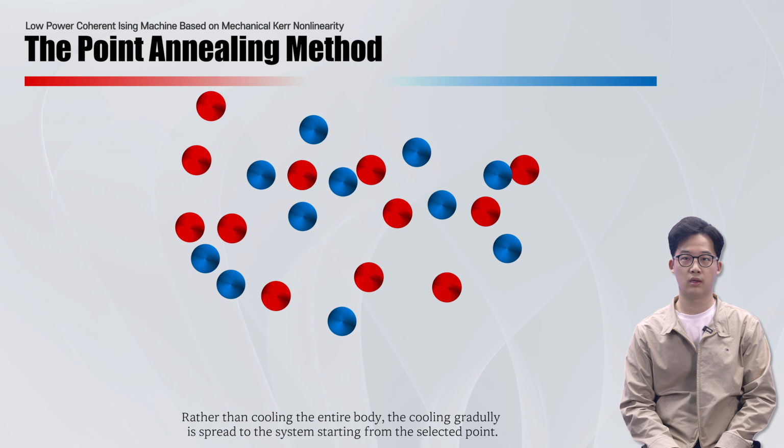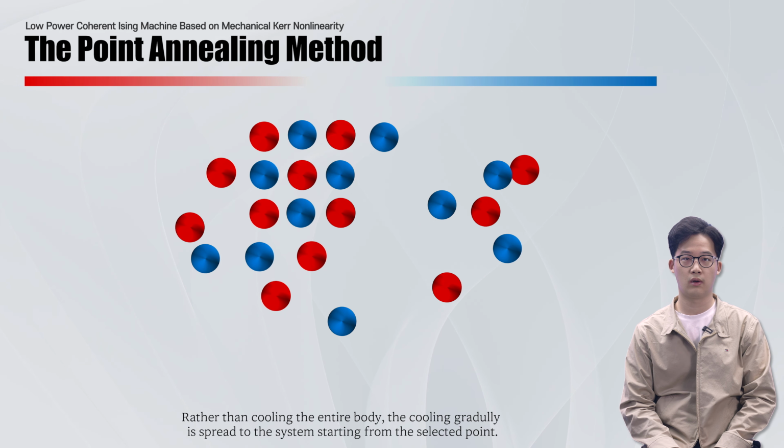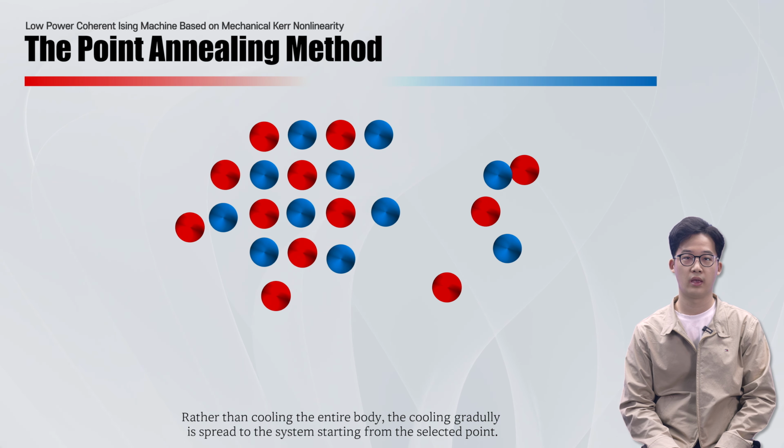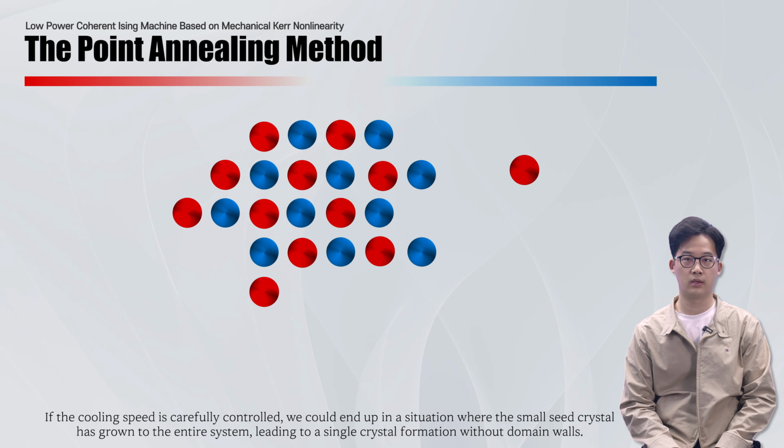Rather than cooling the entire body, the cooling gradually is spread to the system starting from the selected point. And if the cooling speed is carefully controlled, we could end up in a situation where the small seed crystal has grown to the entire system, leading to a single crystal formation without domain walls.